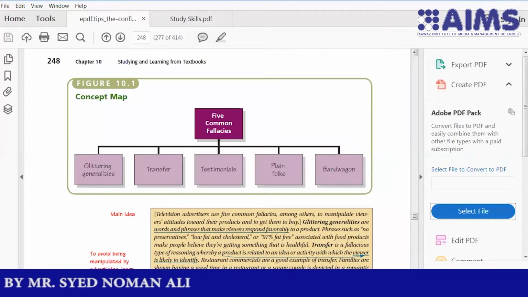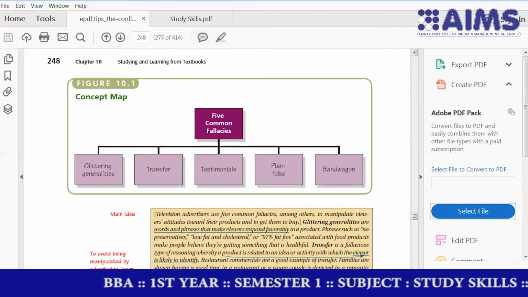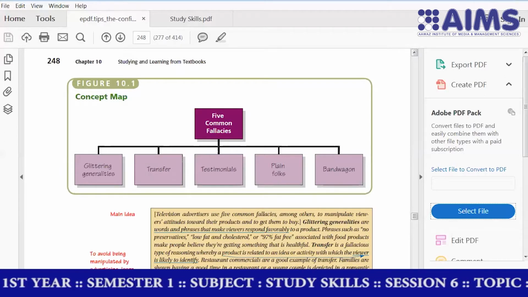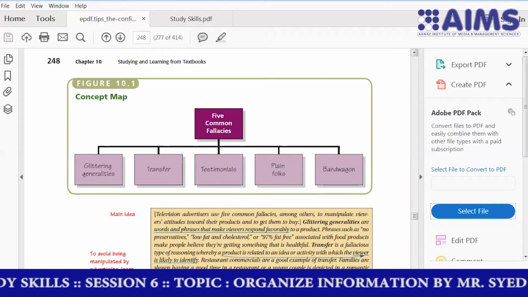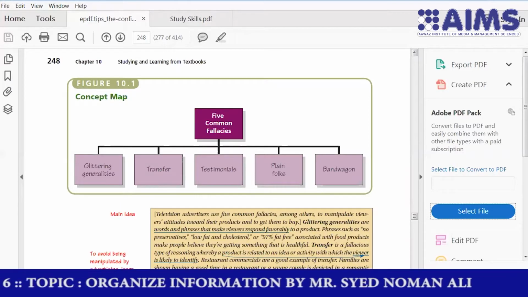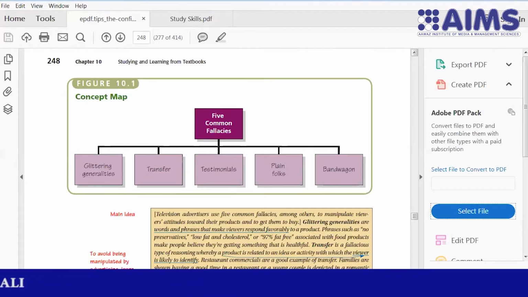In that diagram, critical thinking has some flaw in argument, which is called a fallacy, a mistaken argument. So we have different types of fallacies. There is a main heading, common fallacy, and it is subdivided into glittering, transfer, testimonial, plain folks, and bandwagon.